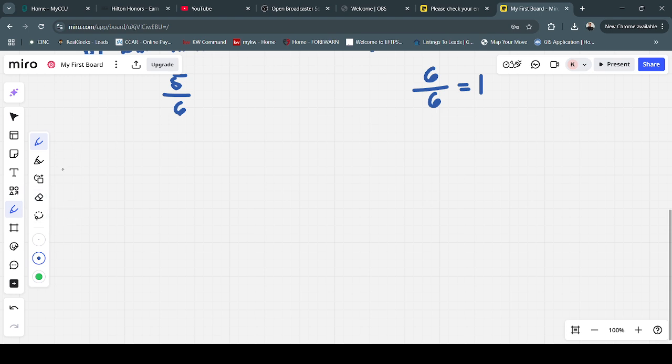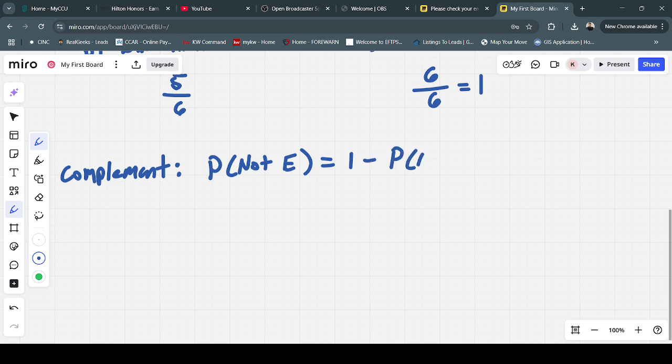So when dealing with a complement, usually we like complements because they make us feel good, but this complement's a little bit different. We're looking at two things that combine together to make the whole thing. Essentially, the probability of not E, so E not happening, is equal to 1 minus the probability of it happening.